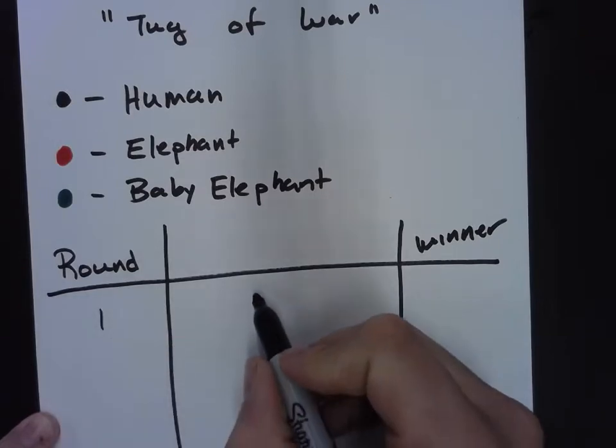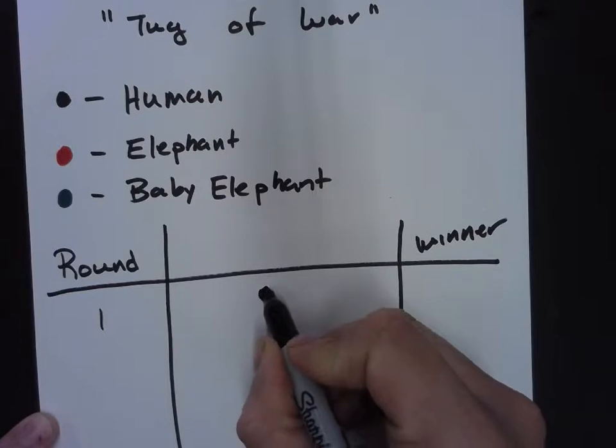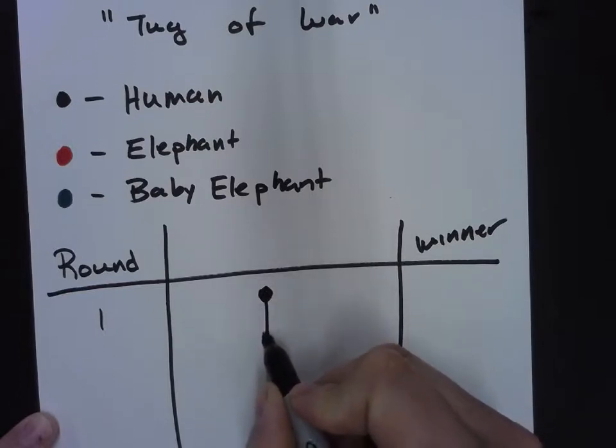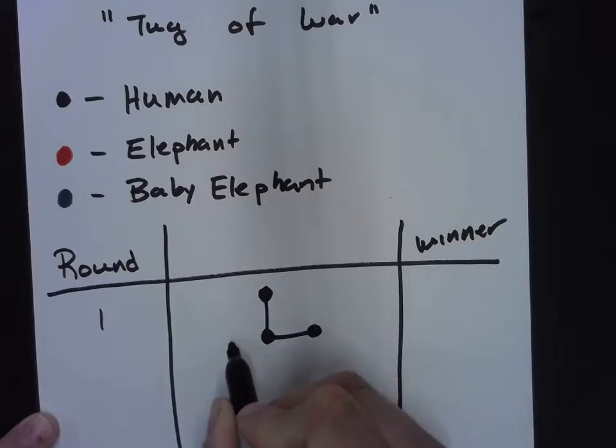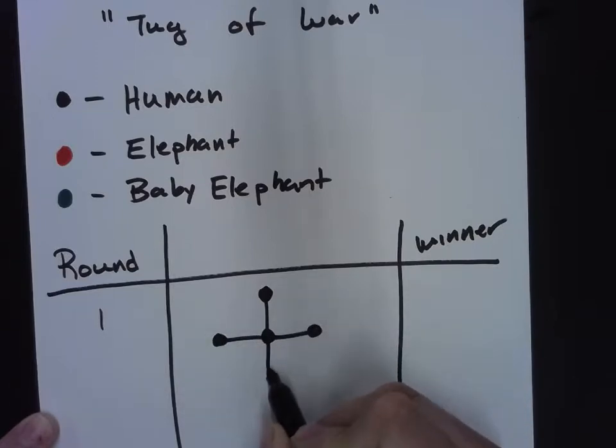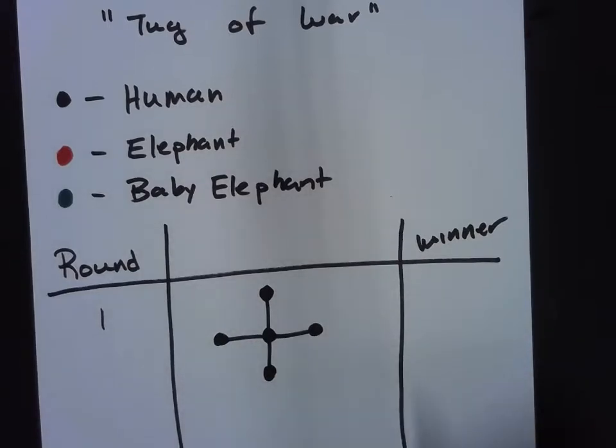Round one is interesting. We've got a human here, a human here, like so. You got a grand total of 5 humans, with 1 in the center, and then 2 on each end.